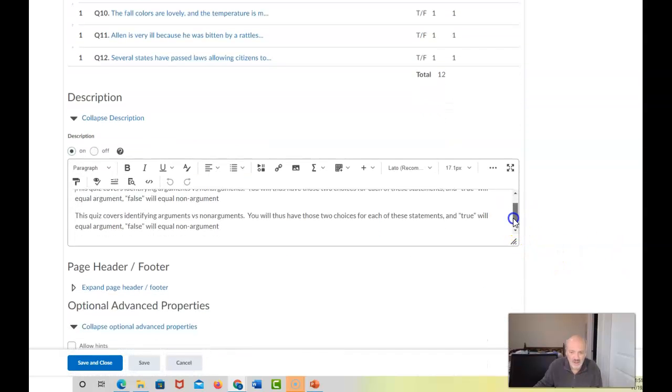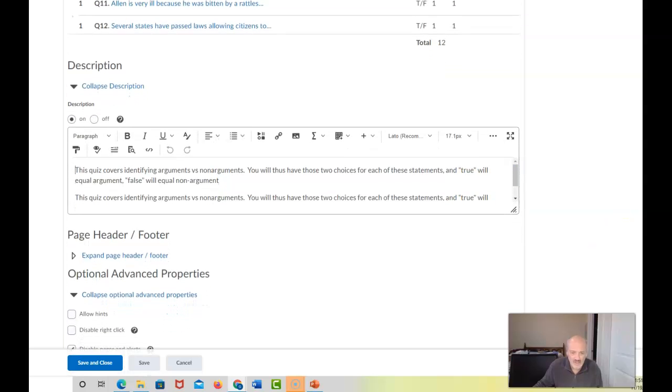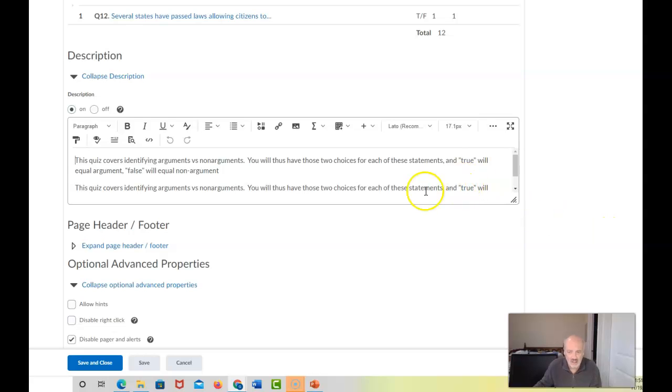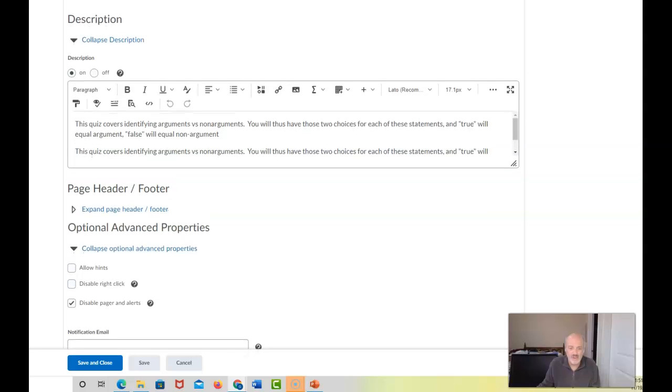Okay, so you will see in the description that instead of argument, non-argument, they are labeled as true-false statements. So meaning that, and you should be able to see this description, your 2 choices for all of them, there are 12 questions, will be if it's an argument, you put true, and if it's not an argument, you put false. And please do note that in the description, that's the question and answer format for the quiz.